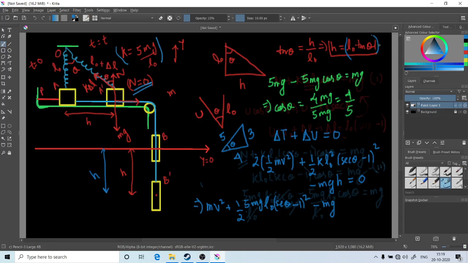Let's put the value of h, L0 tan theta, in this equation.